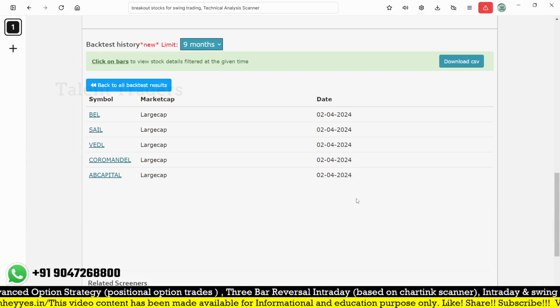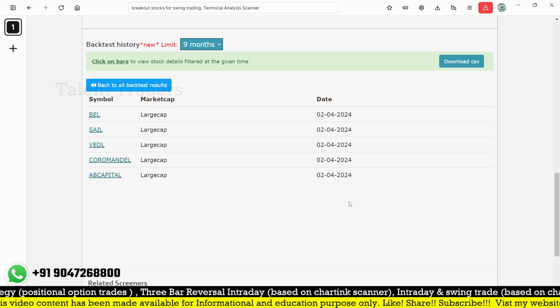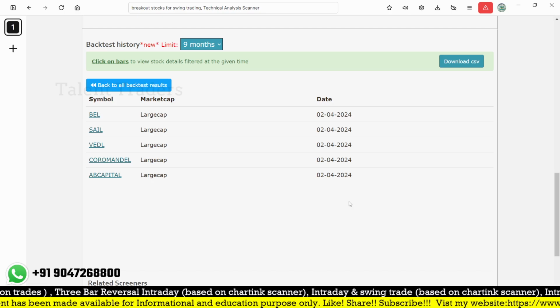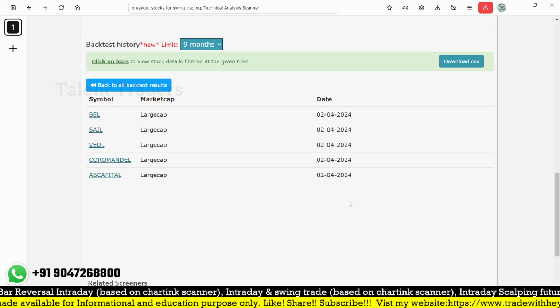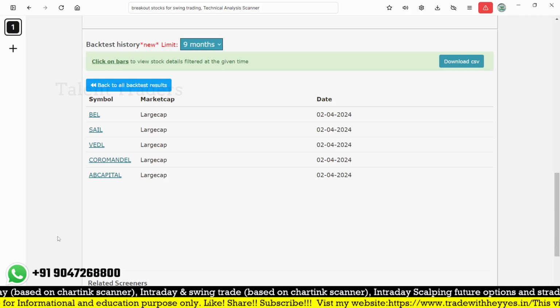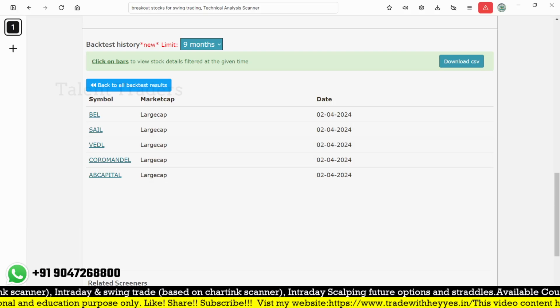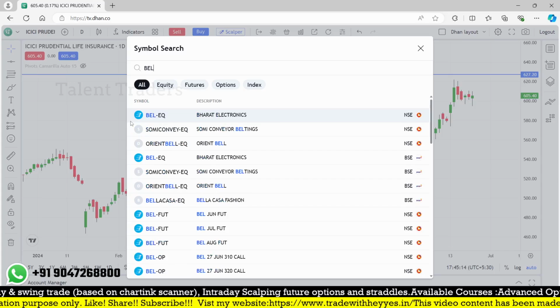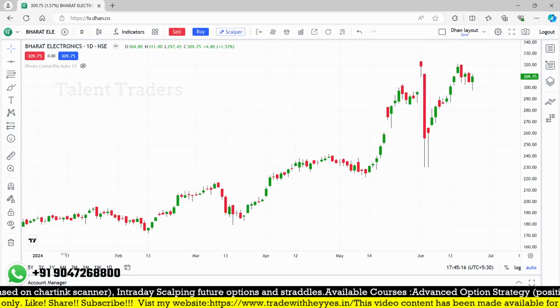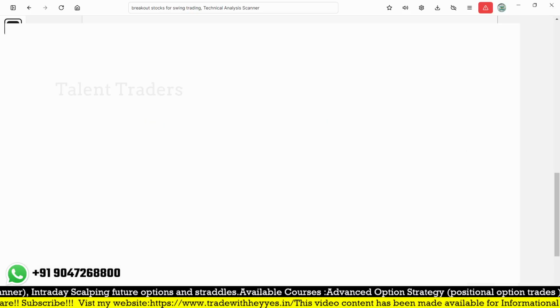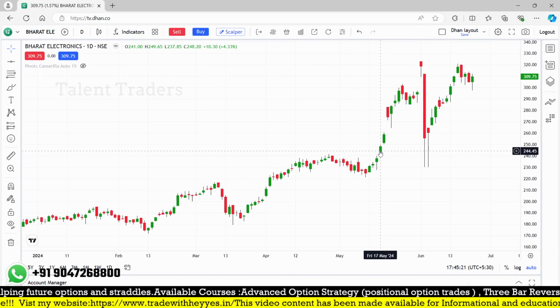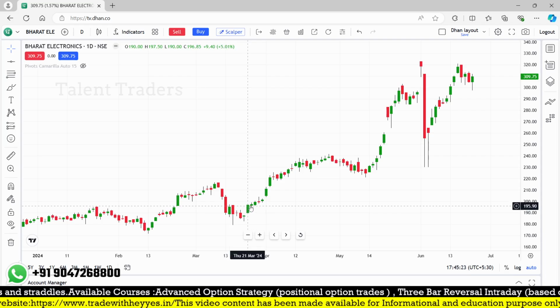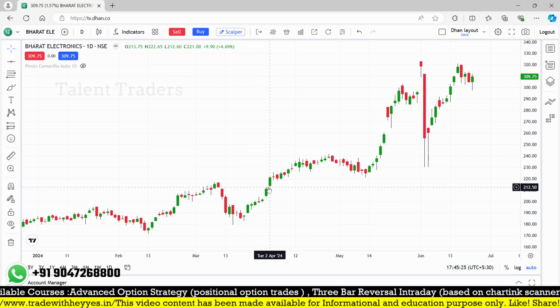And the next day, compared to our previous scanner, we get more stocks here, but some of the stocks we reject manually. As I did for ICICI, now BEL and SAIL. Let me check what is happening on BEL on the next day, 2nd April. Here is the 2nd April.